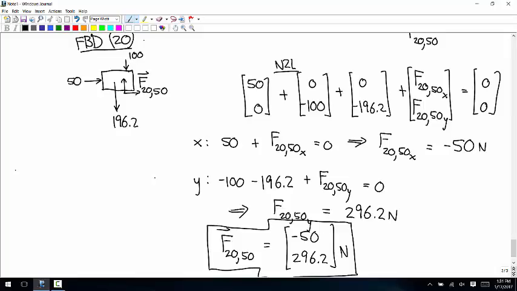You can imagine if that box, instead of sitting on a flat surface, was on an incline like this, we go through all this moderately painful stuff to break up this force vector into a normal that's that way and a friction that's that way. And we might as well just leave it as a vector. The reason it doesn't matter is because of what I said before, that the coefficient of friction doesn't help us. And so we might as well just leave it in that vector form.